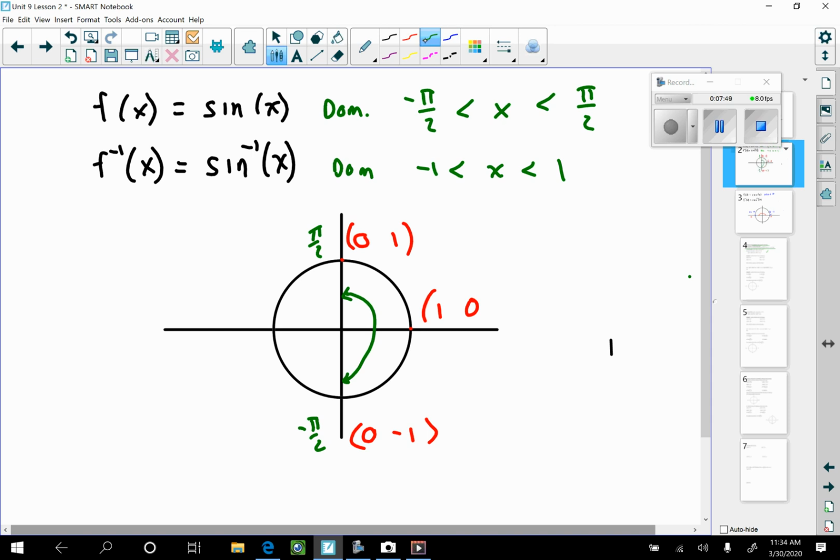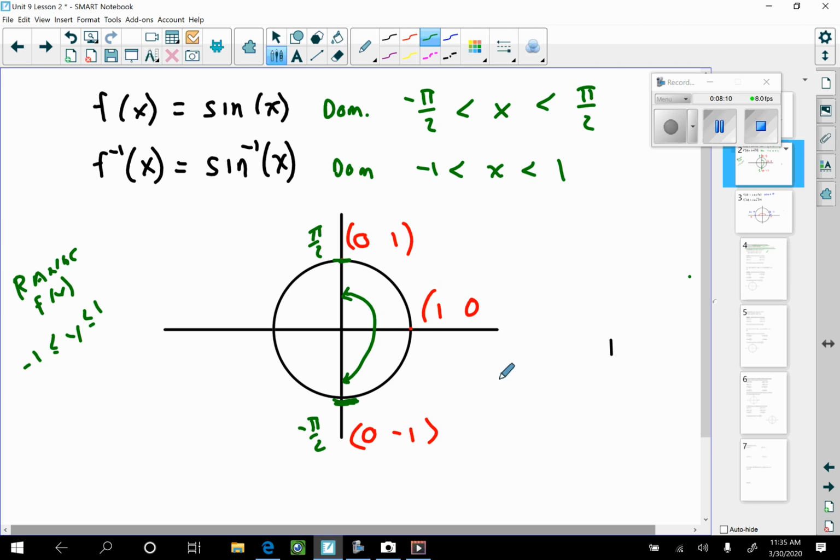The range of this is going to be the range of f of x. We know the range of f of x, or y, is between negative 1 and 1, and that's what we're saying here, that the y values on the unit circle are between negative 1 and 1.